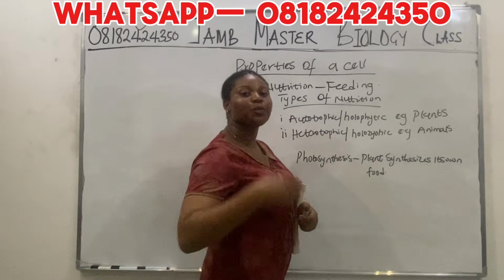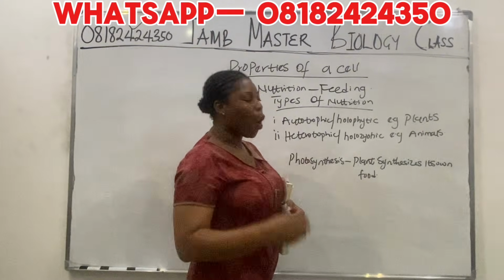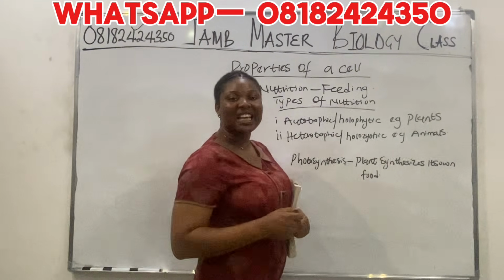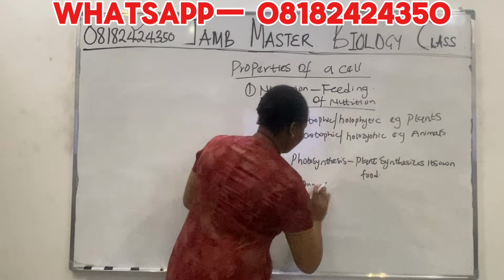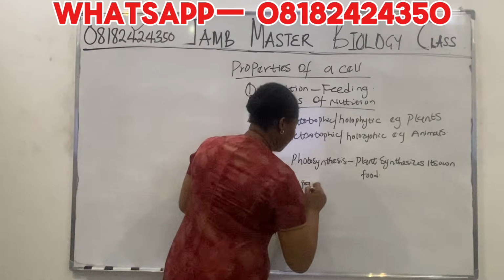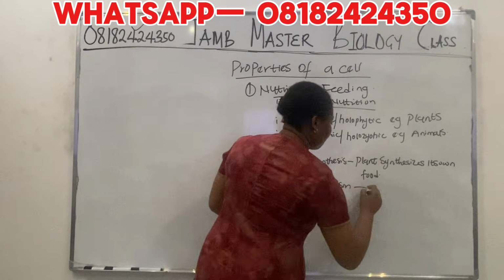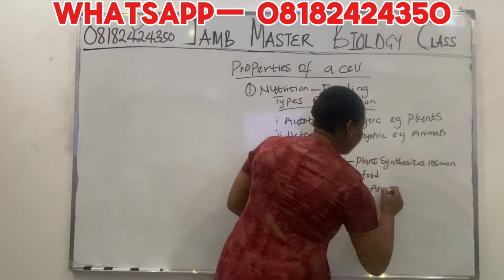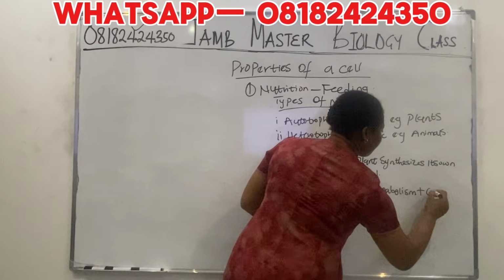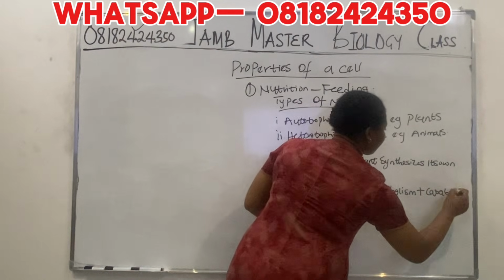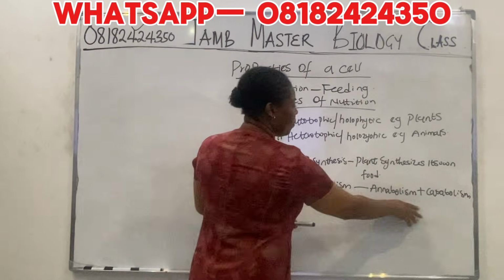It means that plants produce their own food through the process of photosynthesis. And photosynthesis is under anabolism.